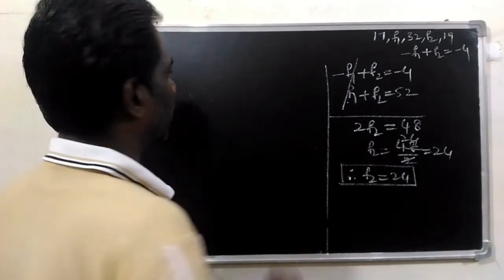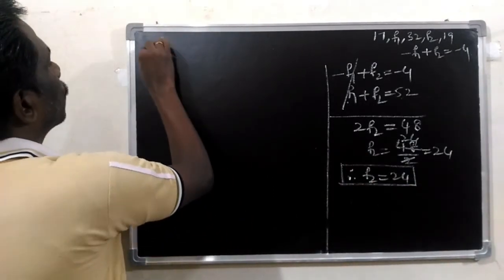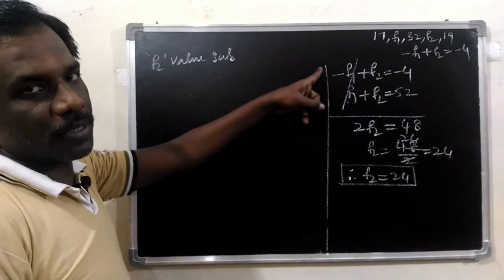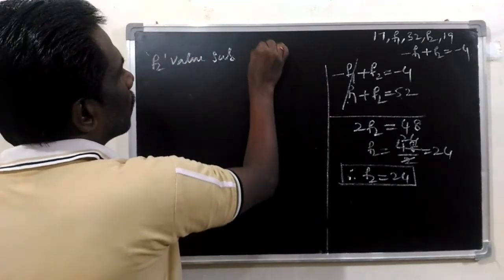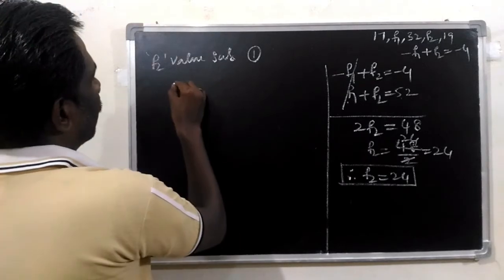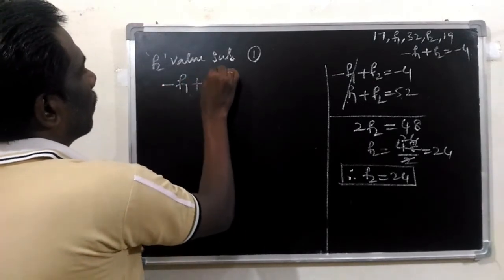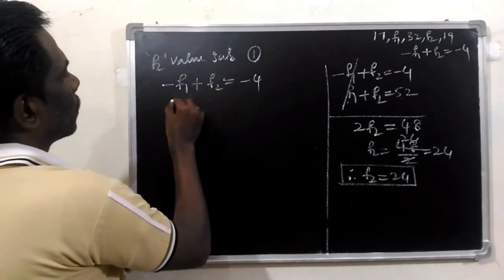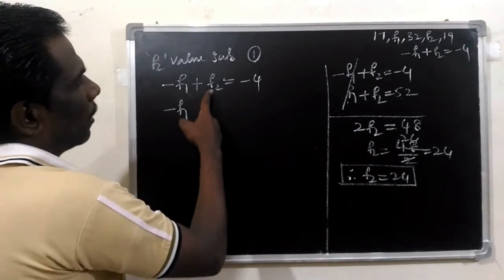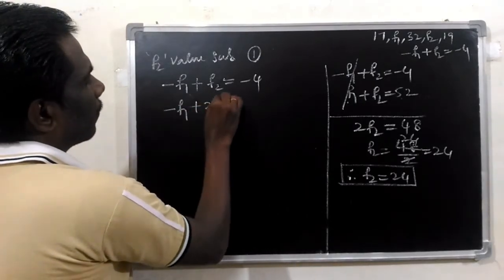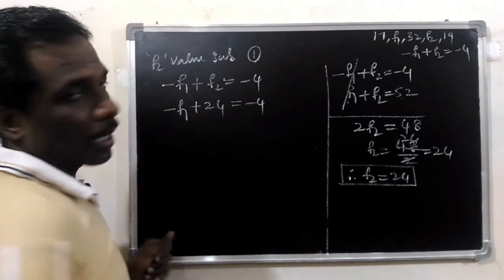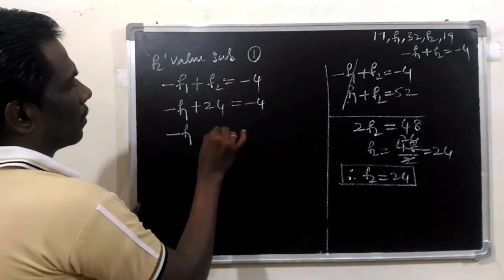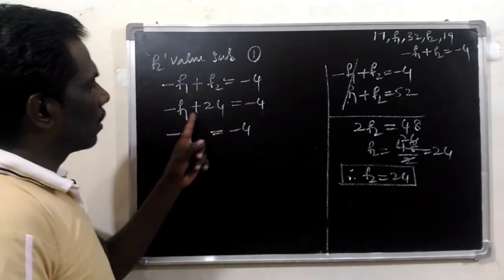Now I am substituting this f2 value in any one of the equations, first or second. I am going to substitute in the first equation. The first equation is minus f1 plus f2 equal to minus 4. I write minus f1 as it is, and f2 is 24, equal to minus 4.